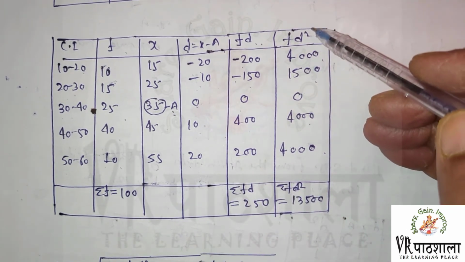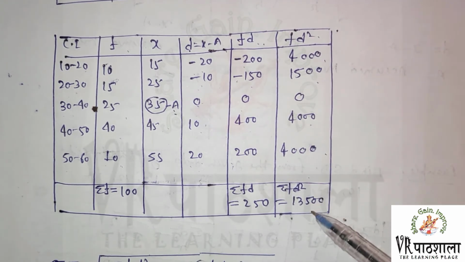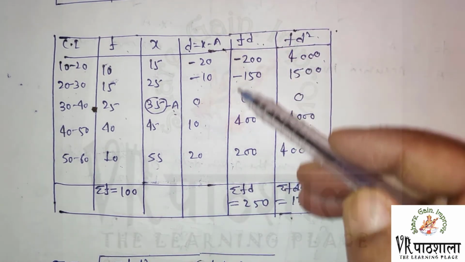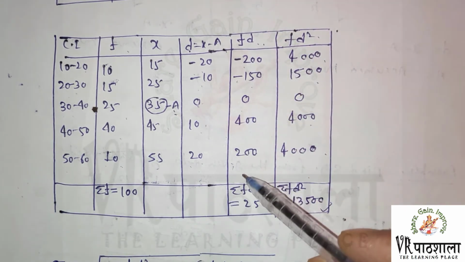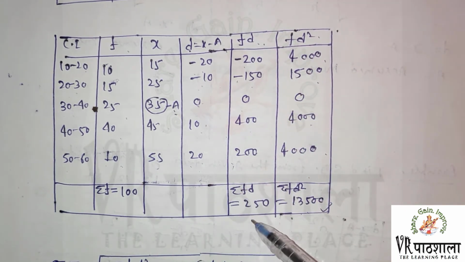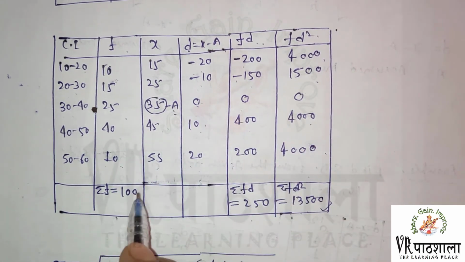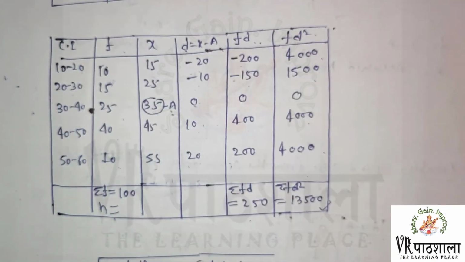The sum of fd square is 13,500. Summation fd, we sum the column of fd, is 250. Summation f, that is n in grouped data, is 100.